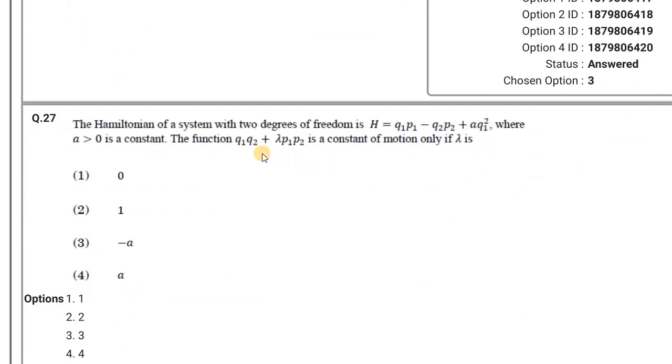Hamiltonian is given. This function is a constant of motion only if this function commutes with that Hamiltonian. So commute means here the Poisson bracket. This is the classical thing. If the Poisson bracket of this f with h is 0, then this function is a constant of motion. If you don't know, then I cannot help much.